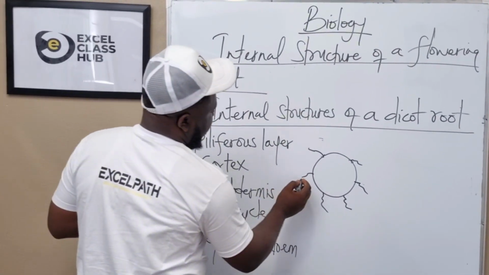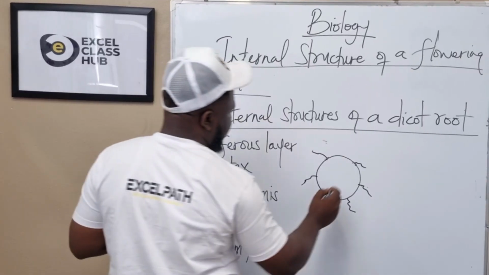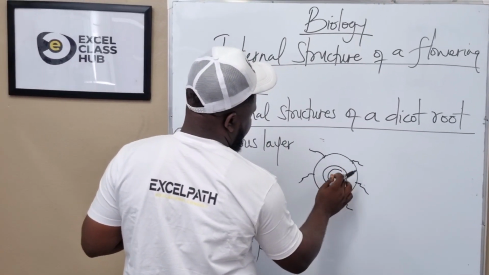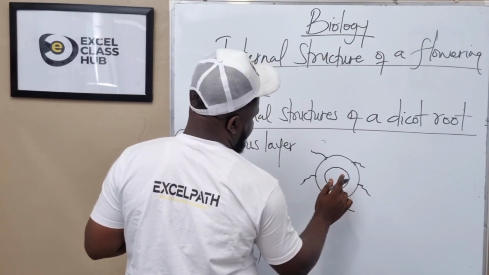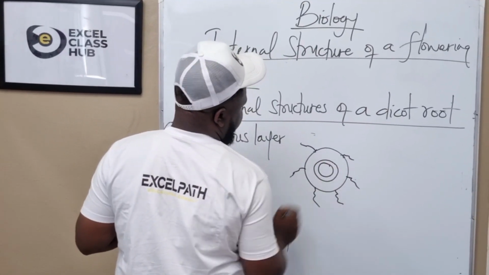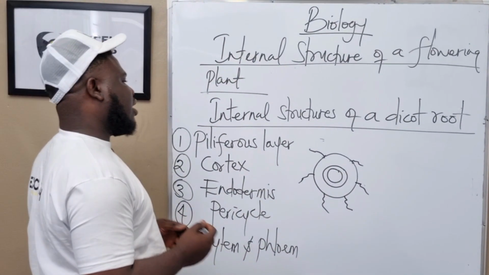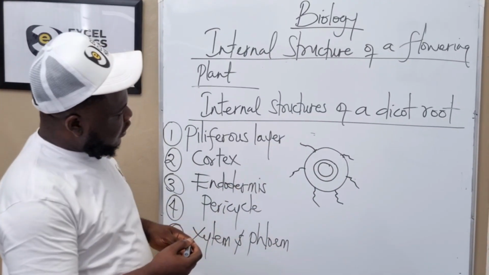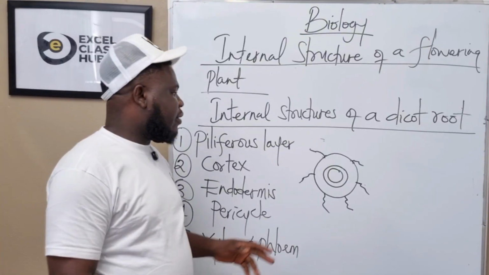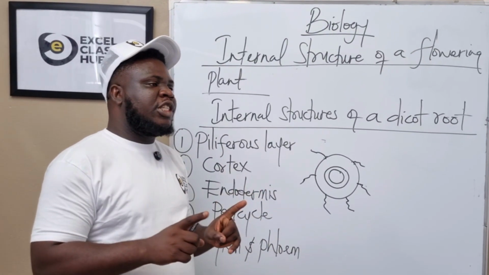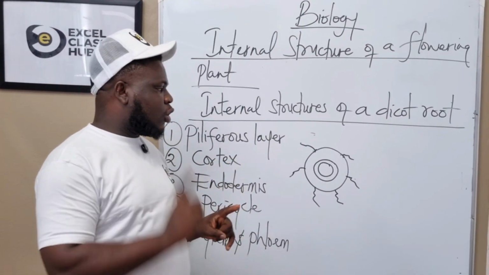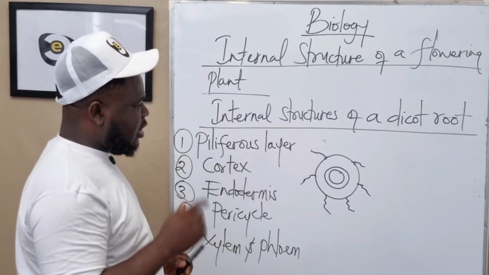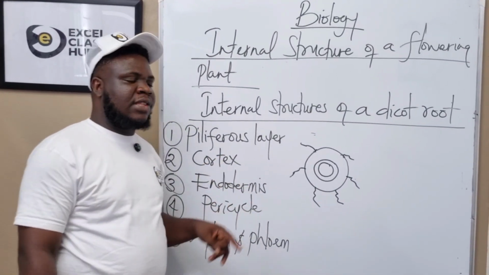Now, you notice that under exam conditions, the internal structures of both roots and stems are usually represented in the form of a circular structure like this. But however, how do you differentiate the internal structure such that when you see the picture, how will you know immediately that this is a root and not a stem?